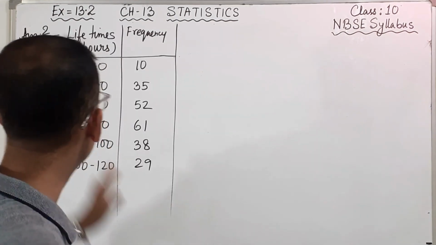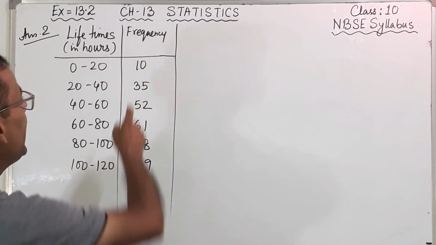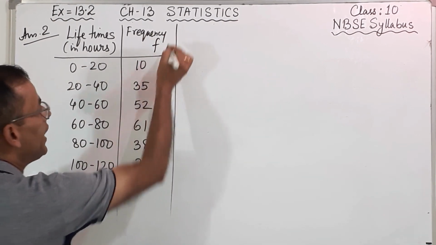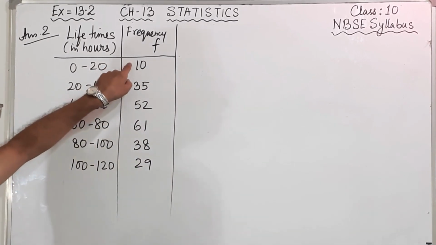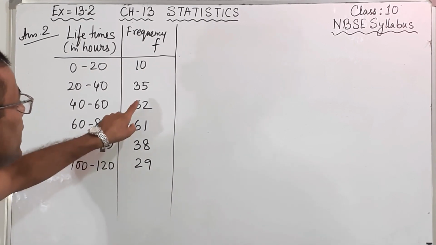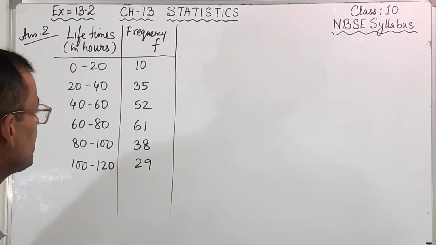Now students, I have written in 2 columns and several rows, and the second column is the frequency column. Frequency written, you can write F also. Now first, how to find the mode? We have to see which is the maximum frequency. Here 61 is the maximum.